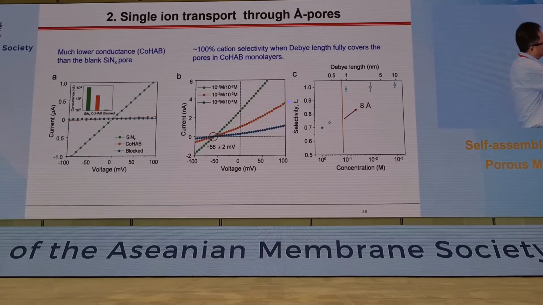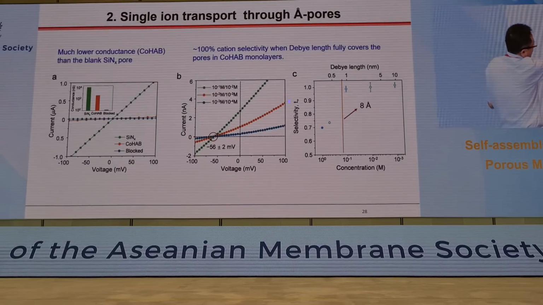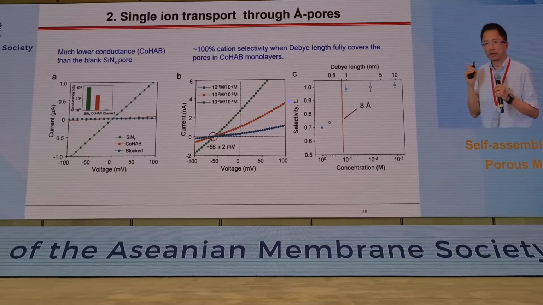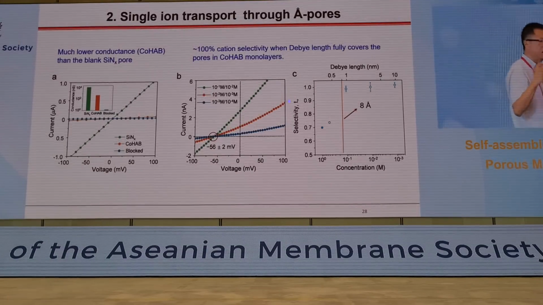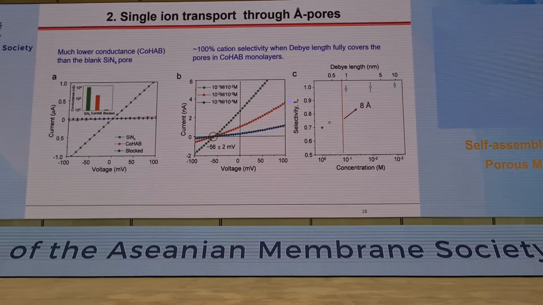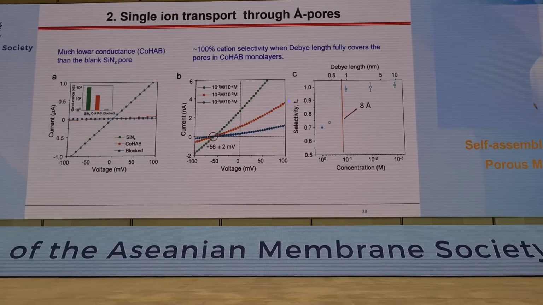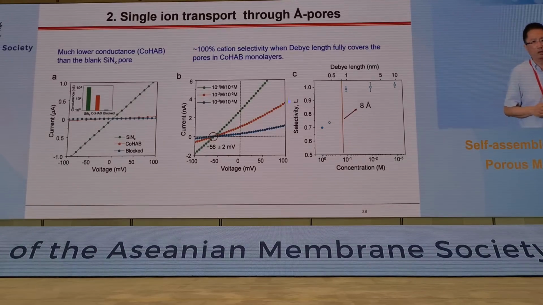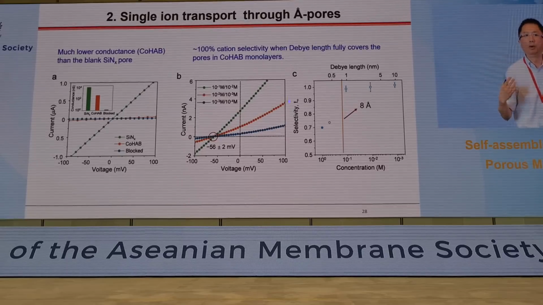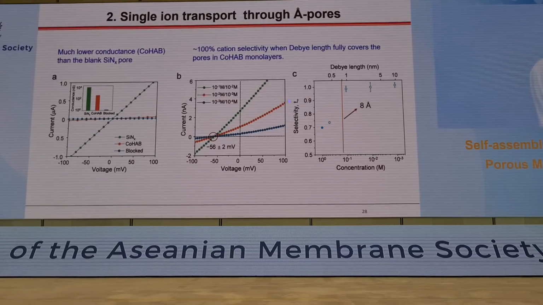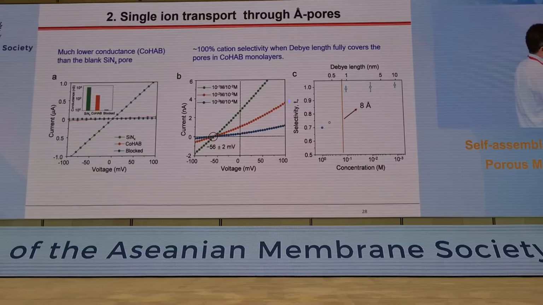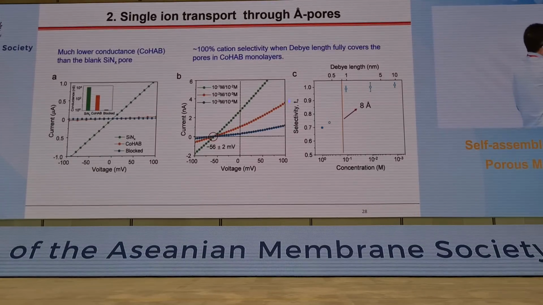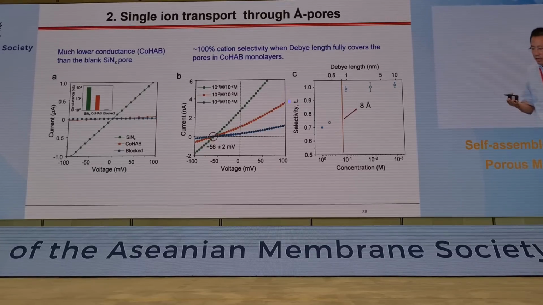More importantly, as shown in the right figures, we can see that in solutions with salt concentration not greater than 0.1 mol per liter, we obtained 100% selectivity of the cations, the positive ions. When we increase the salt concentration above 0.1 mol, the cation selectivity will dramatically decrease.